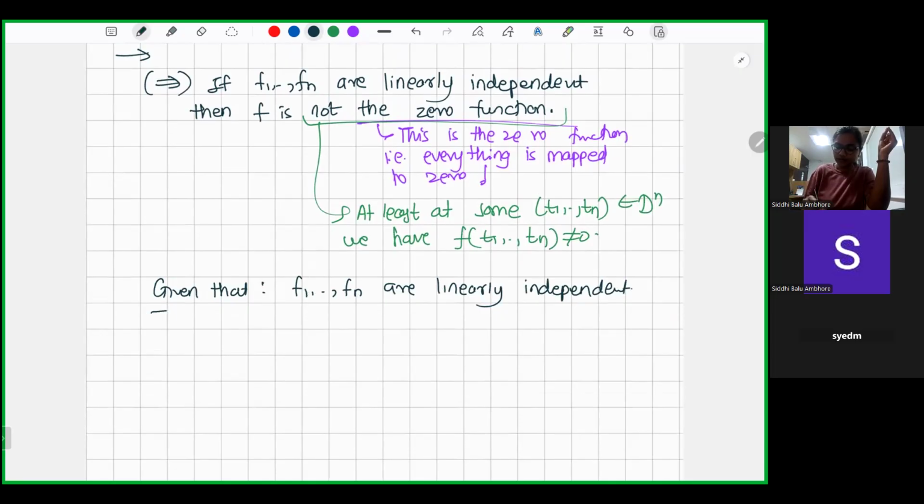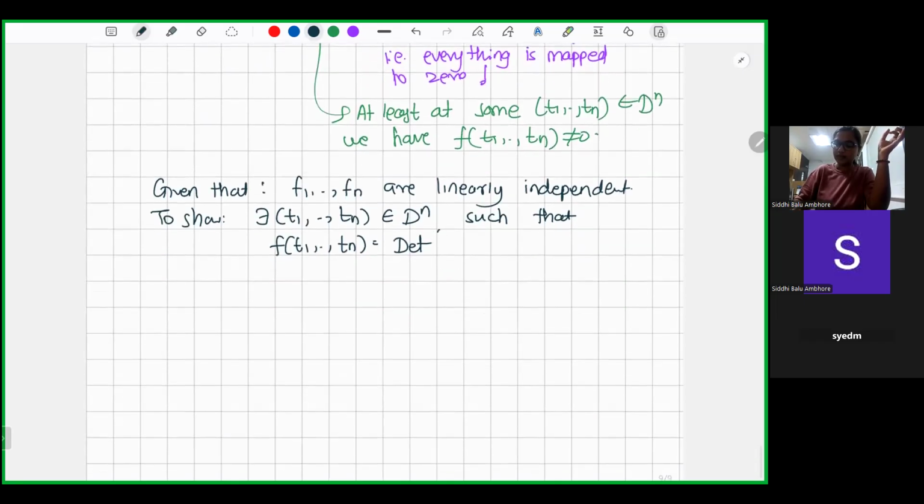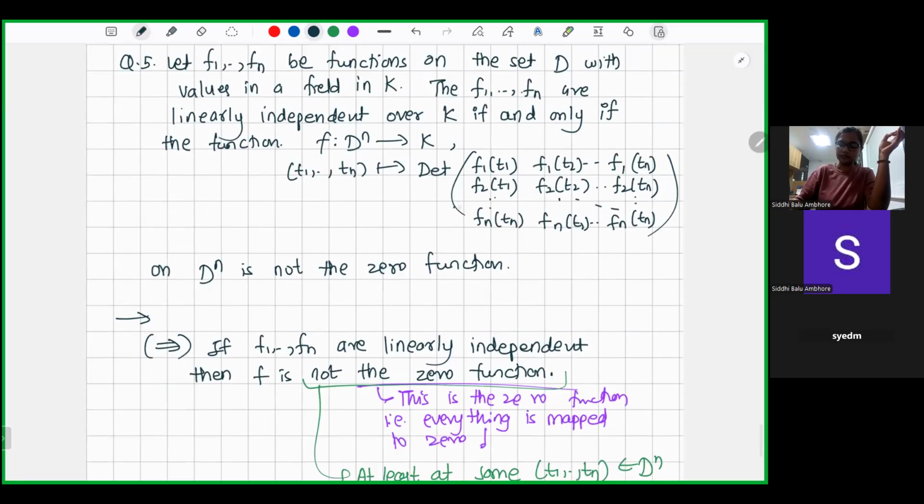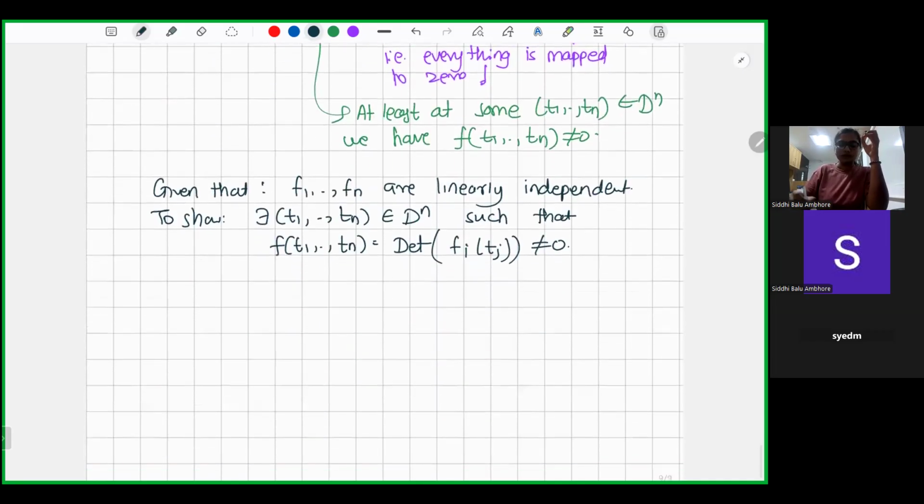We have to show that there exists at least t1 to tn in Dn such that f of t1 to tn, that is, the determinant of this matrix, again let me just write shorthand, the determinant of fi(tj), is non-zero. This fi(tj) is this matrix. So we have to find this t1 to tn.